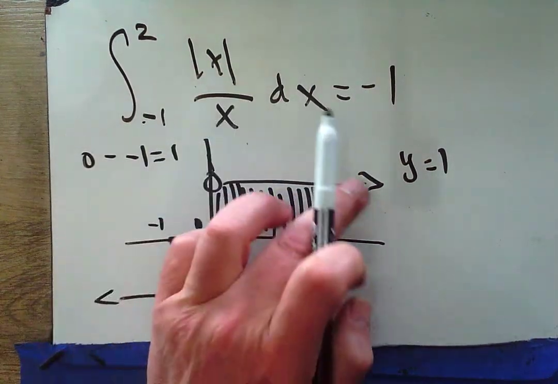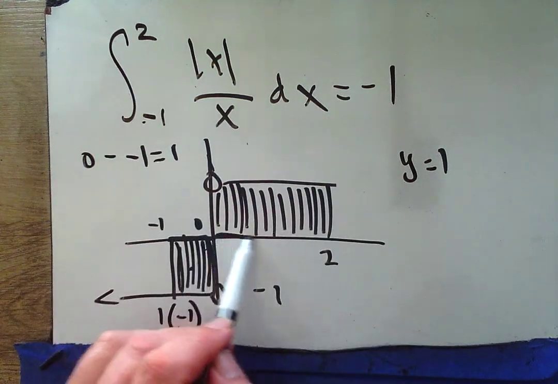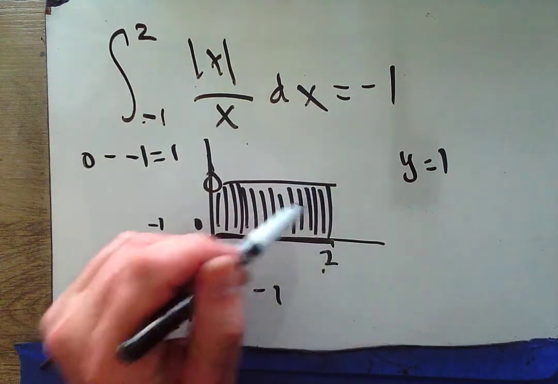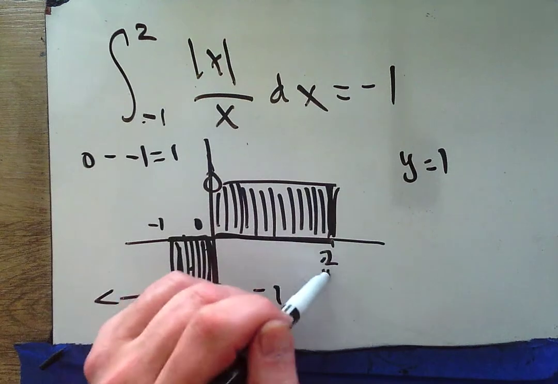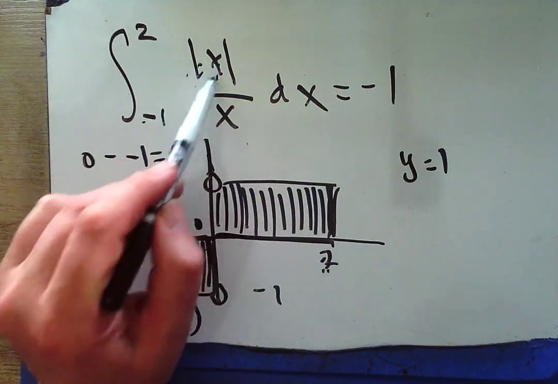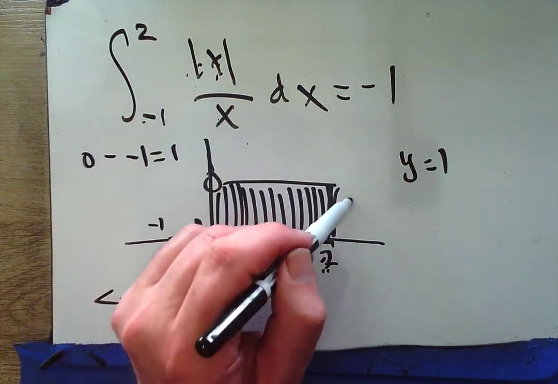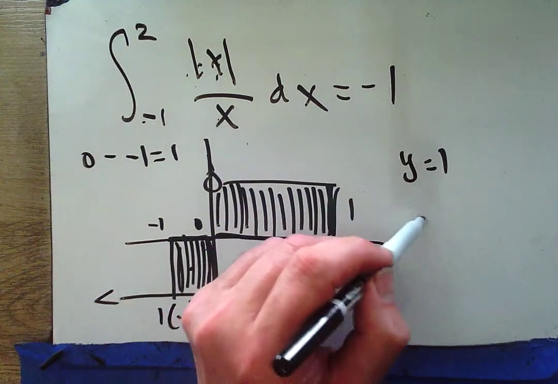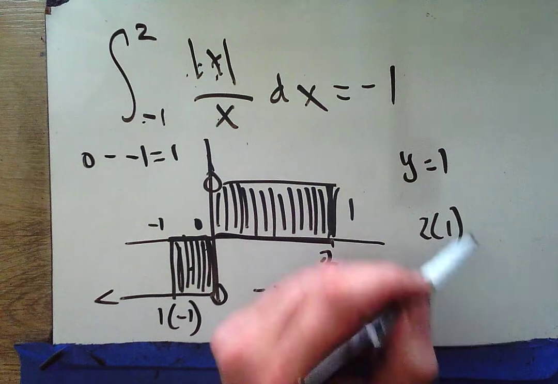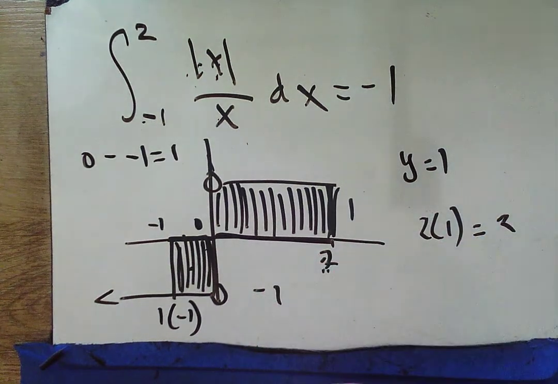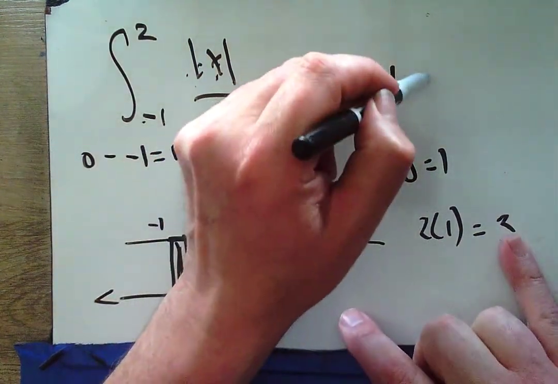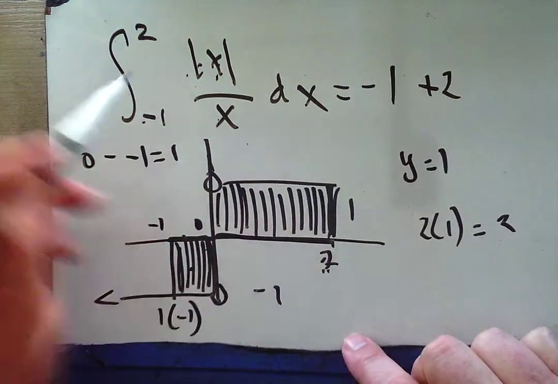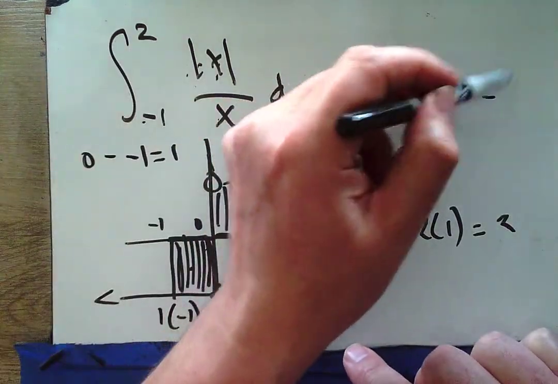And up here, well, this length is 2. This height, what's the height at 2? Absolute value of 2 over 2, that's going to be 1. And so then the area of this rectangle is going to be 2 times 1, or 2. So negative 1 plus 2 is the value of this integral, which is positive 1.